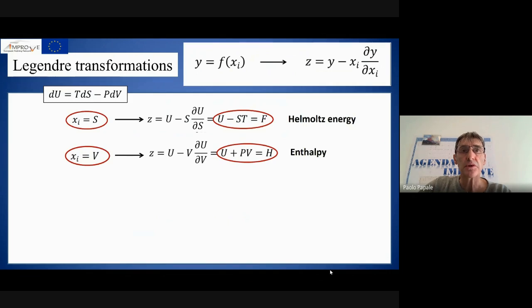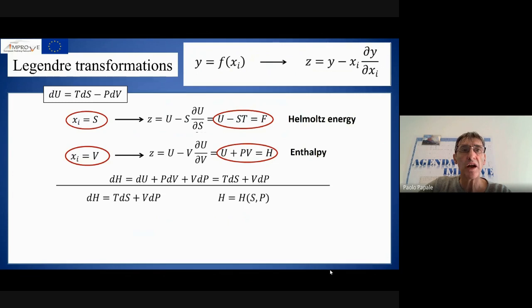The same procedure can now be applied to the new functions that we have found, for example, to enthalpy. We start by writing the differential of enthalpy, and we find that it is still a function of two variables, this time entropy and pressure. So we can apply the Legendre transformations as we have seen above.